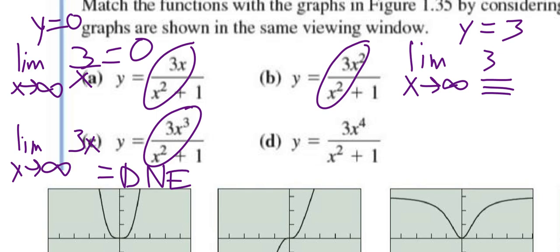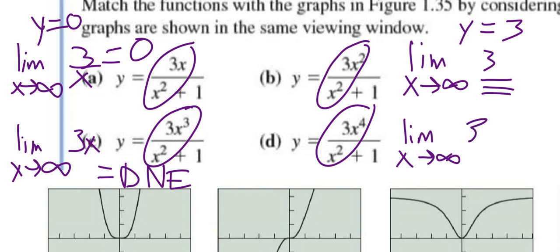Likewise, these limits can be done with x going to negative infinity as well. So what's happening here? So the reduced version of 3x to the 4th over x squared is 3x squared. So x is getting bigger and bigger and bigger. Not only is it getting bigger, you're squaring it.